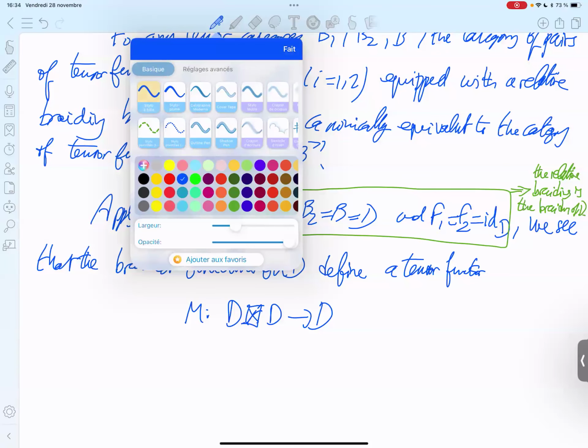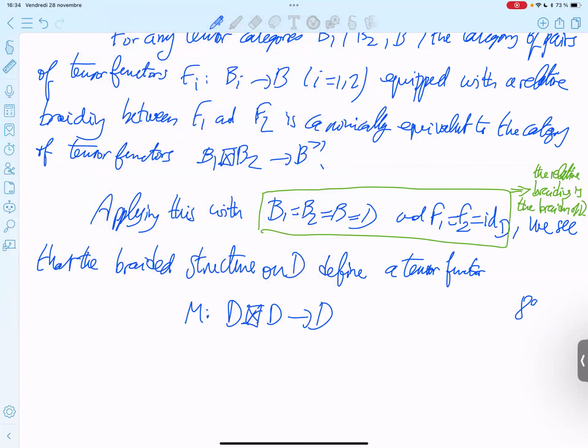So this functor is called M. And this is a tensor functor, so it has a tensor structure. And we will need to consider the tensor structure.